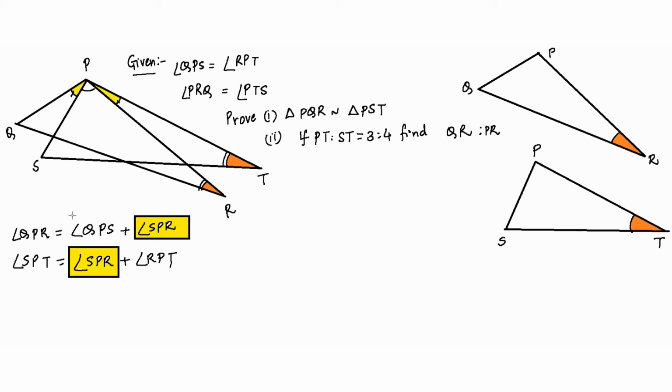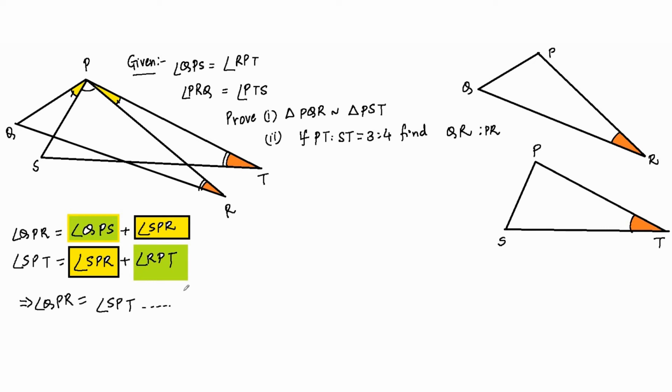So these two angles are actually equal to each other. And similarly, angle QPS and angle RPT are also given as equal, because that equality has already been mentioned in the question, right? Therefore, I can conclude that angle QPR is equal to angle SPT.